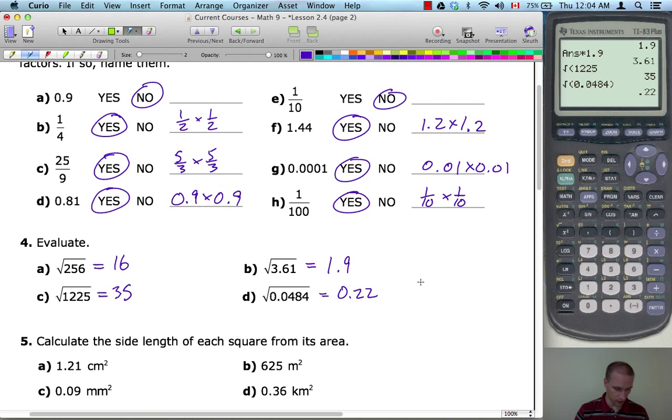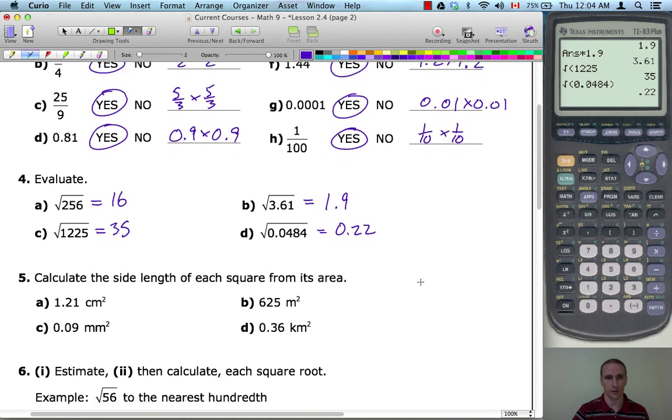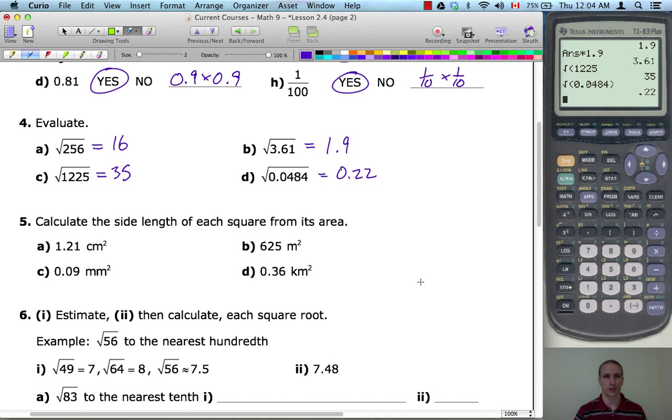Few more examples here, and then we're all wrapped up for chapter 2. So it says here to calculate the side length of each square from its area. If you're told that the area of a square is 1.21 square centimeters, then the length of each side is going to be the square root of that. So that's 1.1 centimeters in the first case.